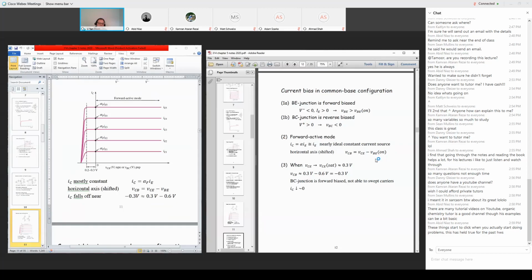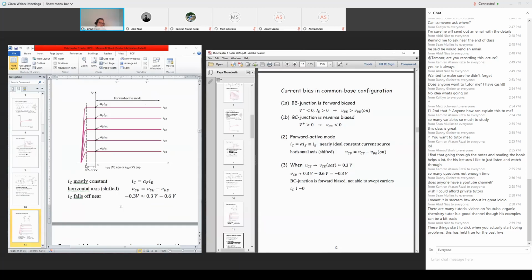So here I have a numerical example. What's the amount of VCB when VCE lowers to 0.3 volts? You subtract VBE of 0.6 volts, and you get minus 0.3 volts. So this is the minus, it shifts on the diagram with VCB. Then the IC drop to 0 occurs at around minus 2 or 3 volts.